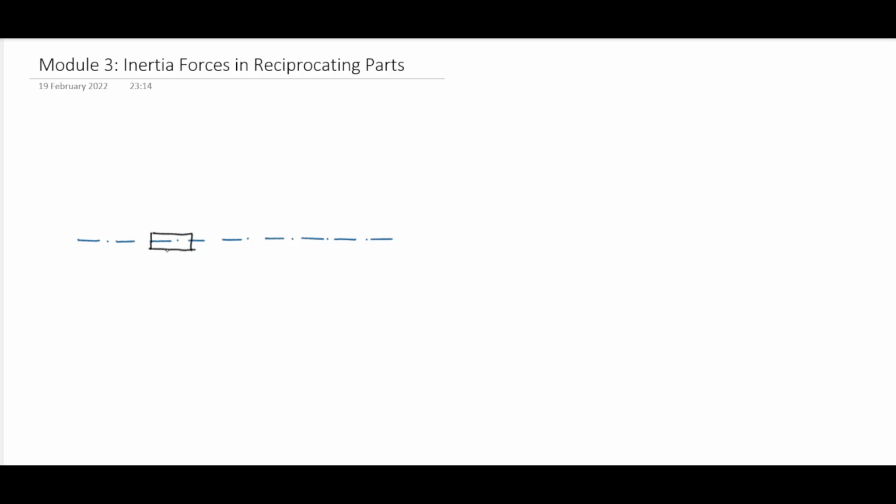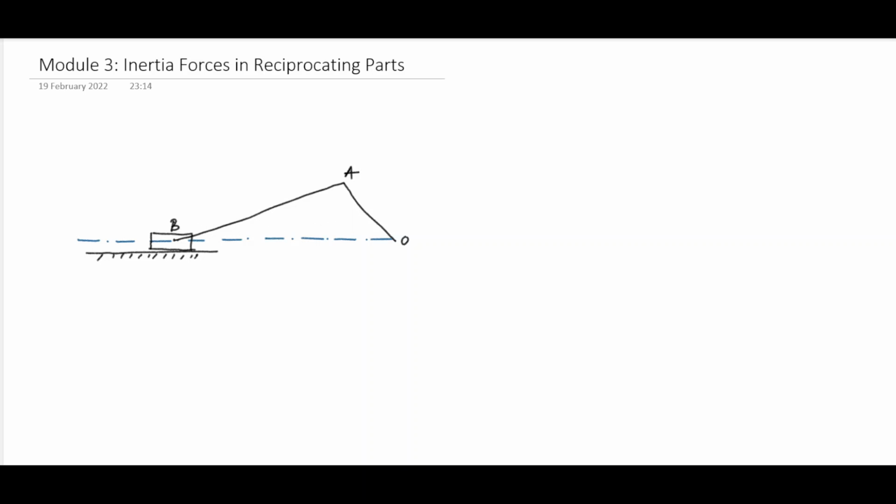This part is our slider. This is the fixed link. Then we have the connecting rod and the crank. Let's say this is O, A, B.